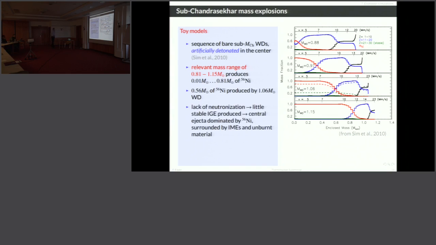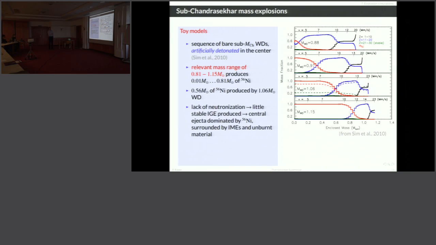So, lack of neutralization: little stable iron group elements are produced. The central ejecta are dominated by nickel-56. This is shown here in mass fraction versus enclosed mass for various models, 0.88 to 1.15 solar masses. You see that the central parts are dominated by nickel-56, shown here in red.